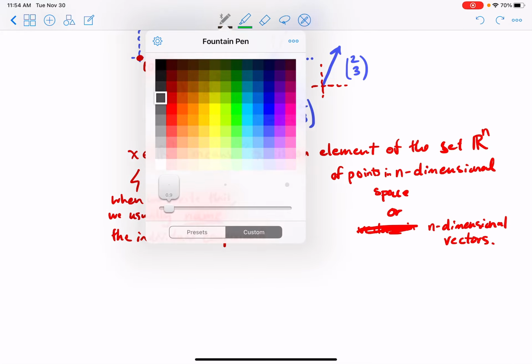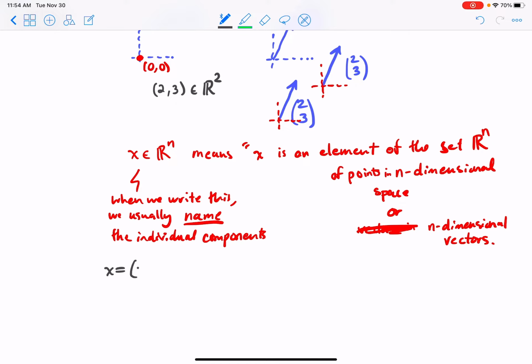So I'll use the formula color again. X equals x1, x2, all the way up to xn. So when we write x in Rn, we read this x in Rn, x in Rn.